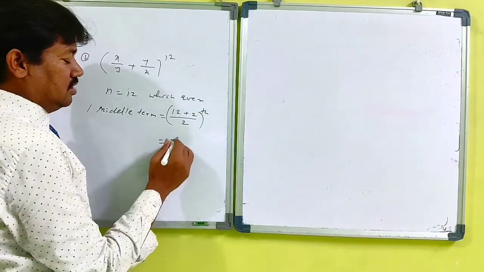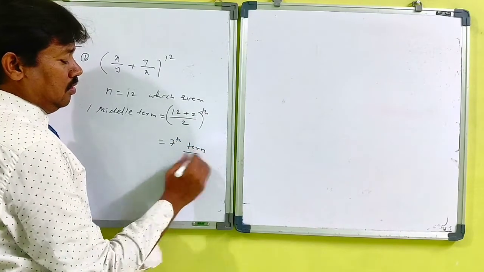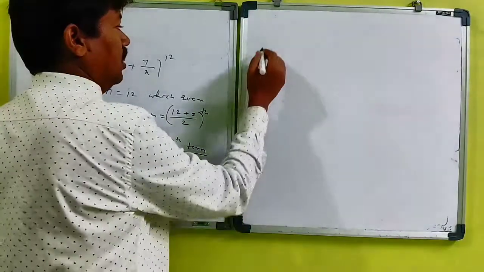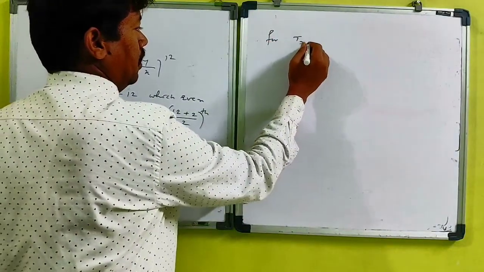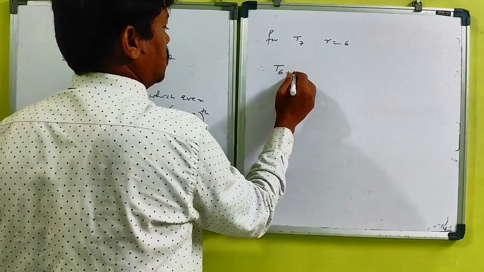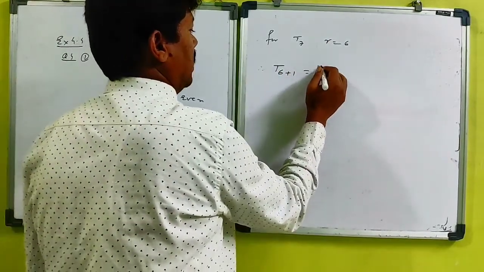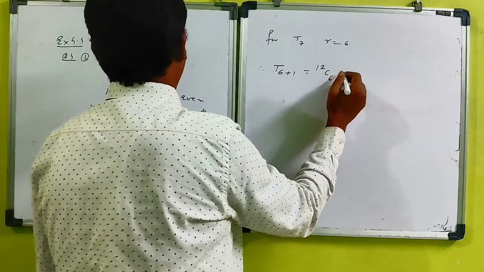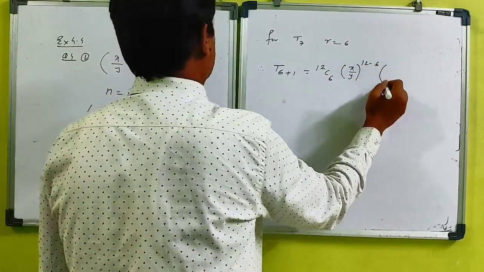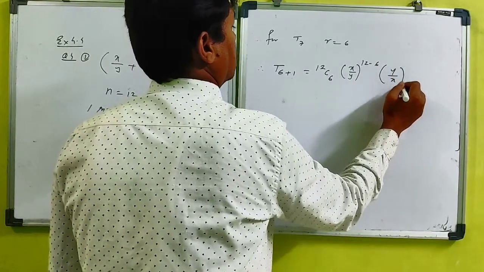That second term here will be the middle term. So now, for T7, r should be equal to 6. So T6 plus 1 is equal to 12C6 (x upon y) raised to 12 minus 6, (y upon x) raised to 6.